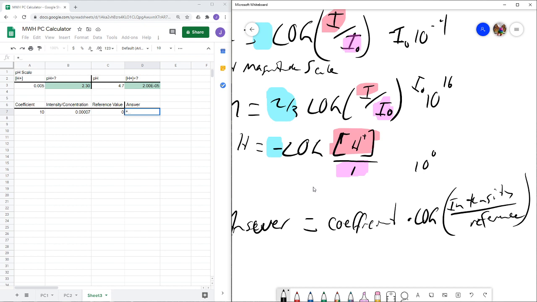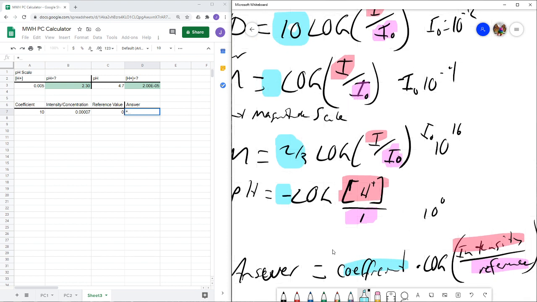In fact, let's go ahead and highlight this to show how everything coordinates together. So now we can see all the quantities relating to our general formula. I'm going to follow our general formula, so we want the coefficient times log of our intensity divided by our reference value, and hit enter.